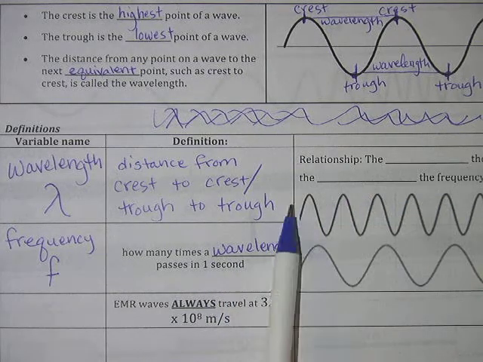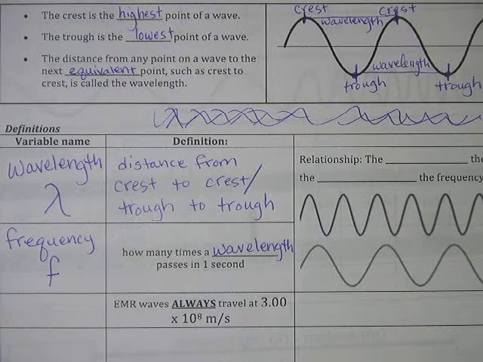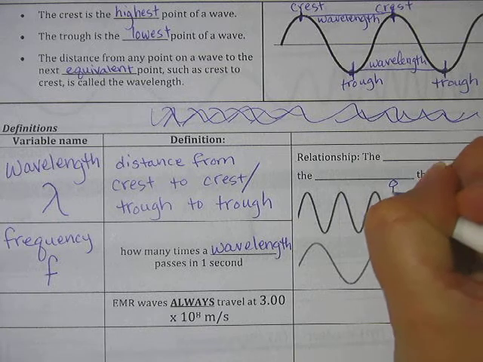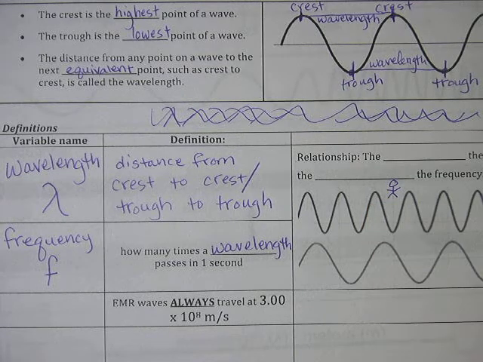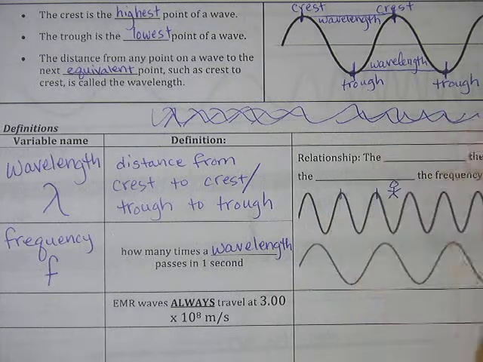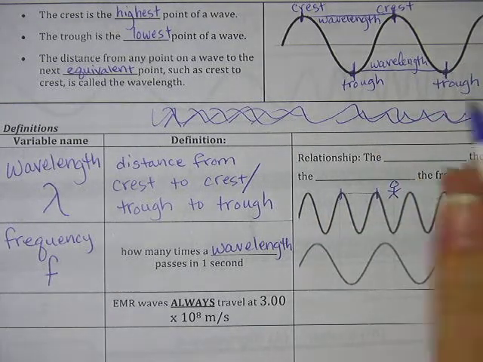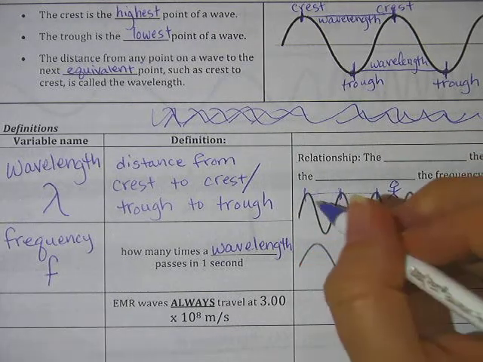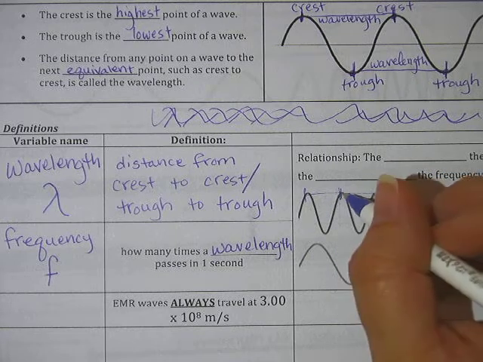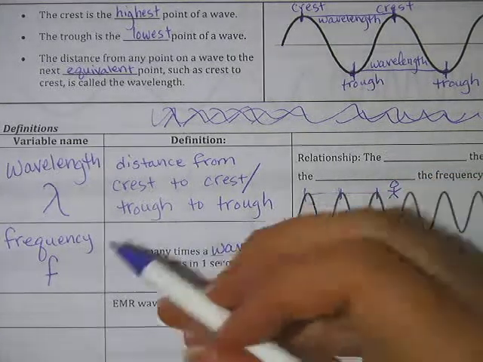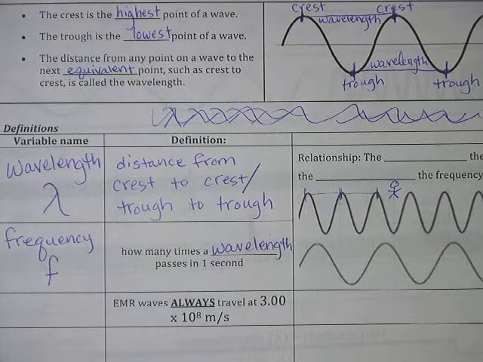So waves are always moving, and let's say maybe you're standing right here, and the wave is going by you, moving past you. Every time you count crest to crest, there's one wavelength that goes by, then another crest to crest, another wavelength goes by. Every one of those that goes by you in 1 second tells you what the frequency of the wave is.